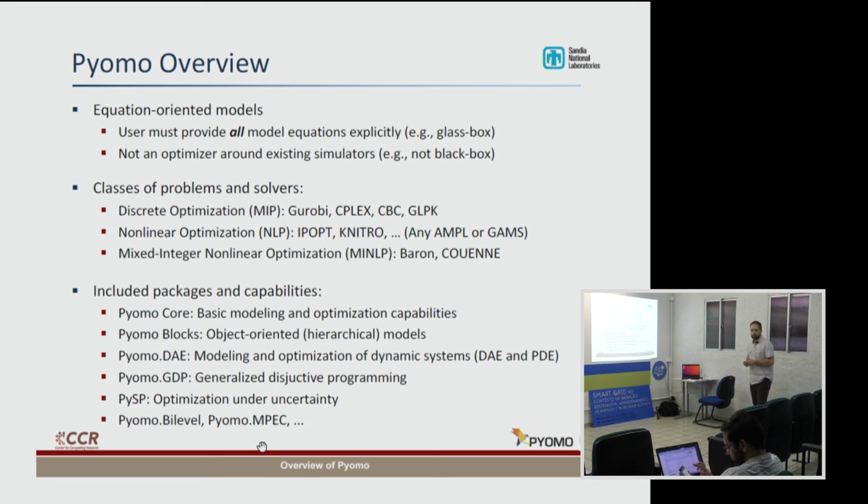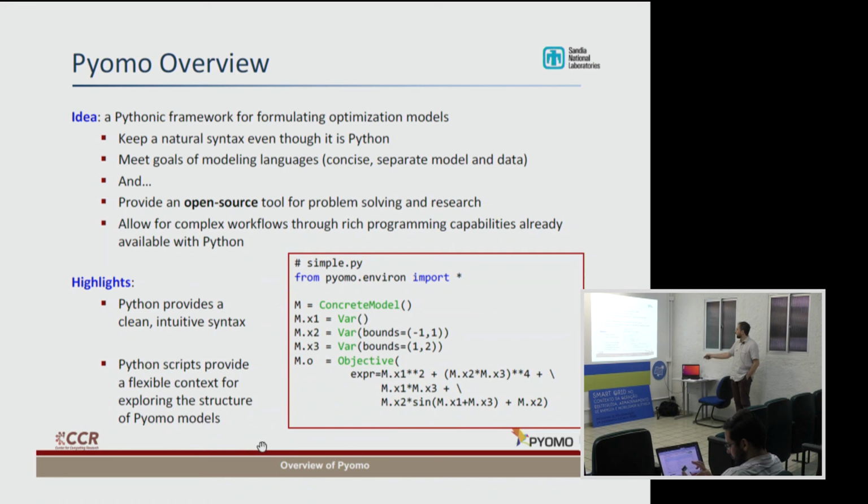So Pyomo understands the equations. When you write an equation, I wrote an expression here. It understood that this was a variable, this is a square of the variable, etc. It understood that sinus is a function sinus, etc. So here, the objective is described as an equation.